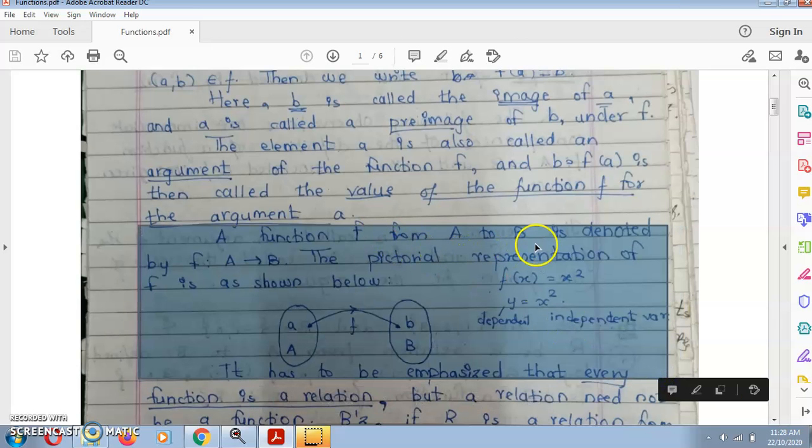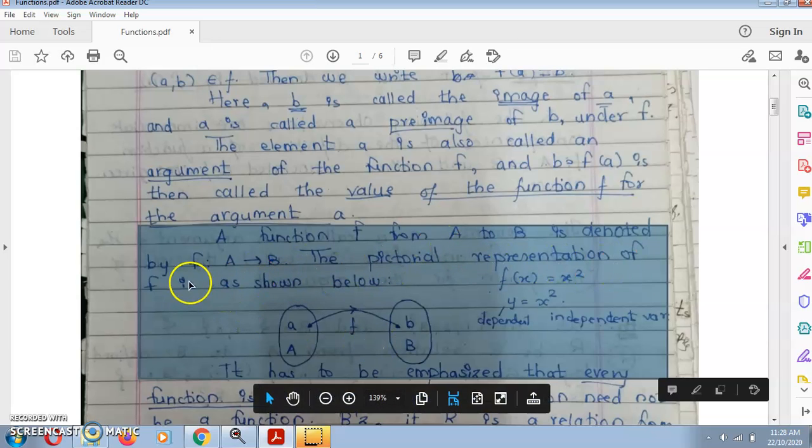A function f from A to B is denoted like this, so this is the way in which the function is related, denoted A to B. It means that an element of set A is related to the elements of set B. This pictorial representation of f is shown below.